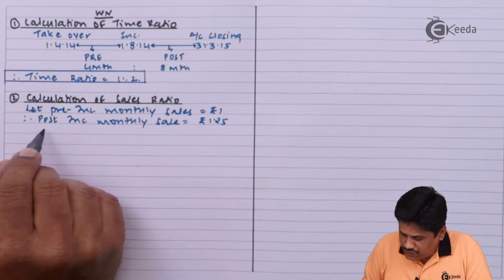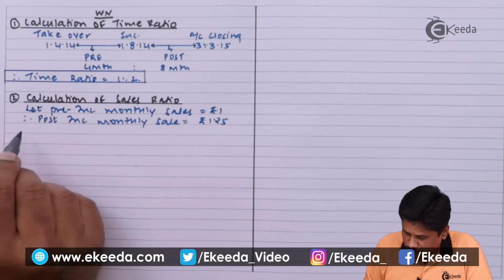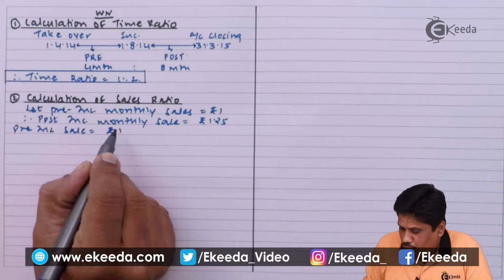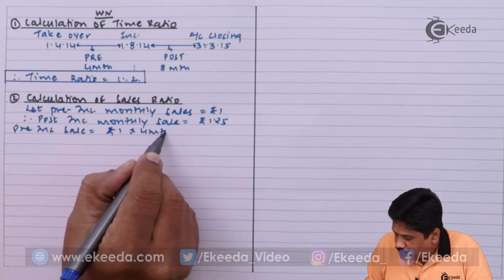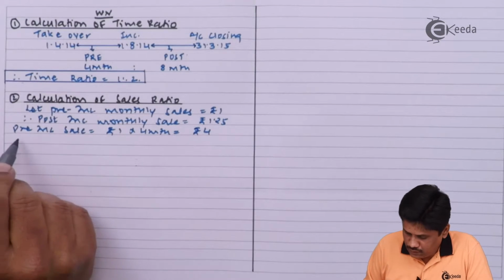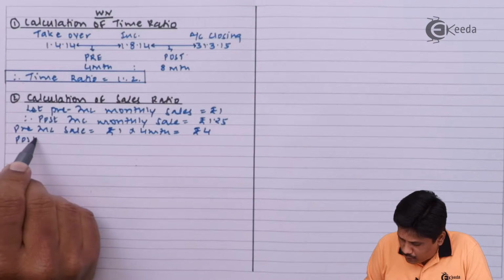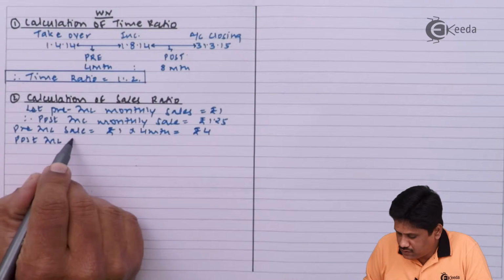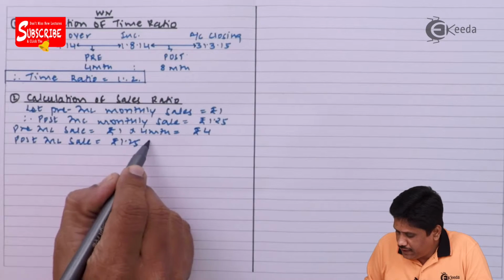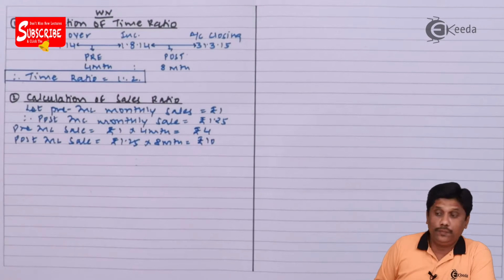Pre-incorporation, how many months are there? 4 months. So pre-incorporation sale is ₹1 into 4 months, equal to ₹4. Post-incorporation sale will be ₹1.25 into 8 months, ₹10.